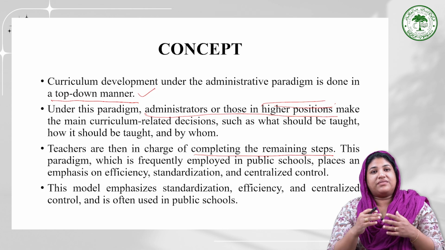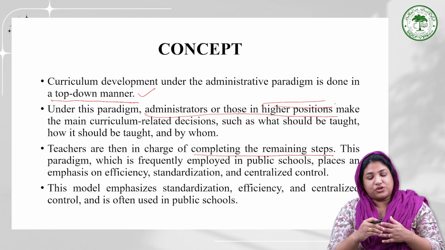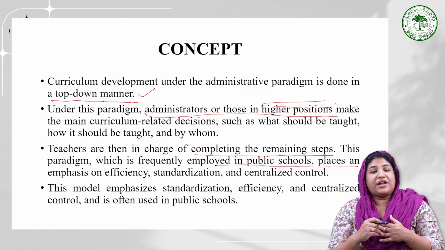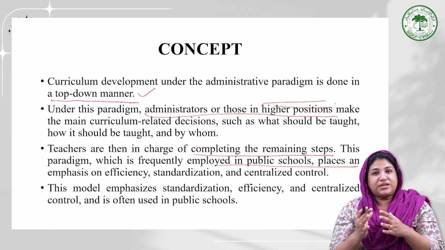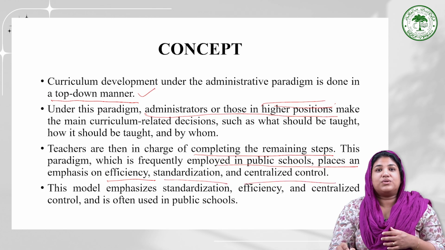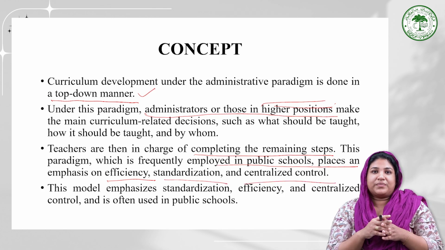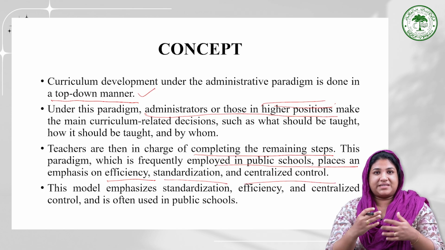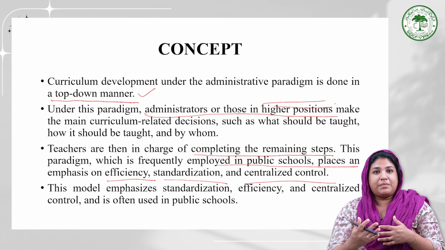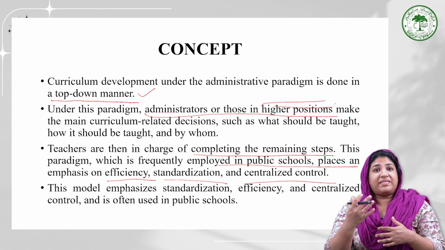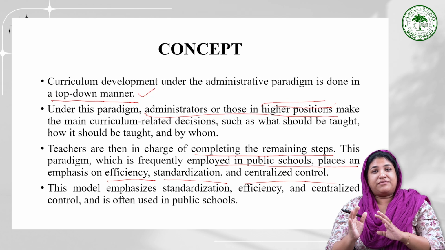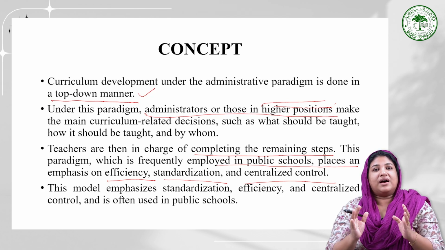We can say that this model, the administrative model, is employed frequently in public schools and is aligned to factors like efficiency, standardization and centralized control. Standardization: they first standardize the curriculum, go for a pilot study, then implement it, rectify the errors, and finally implement it after completely recovering from all the errors and pitfalls.